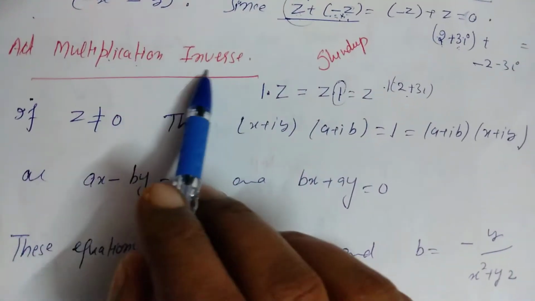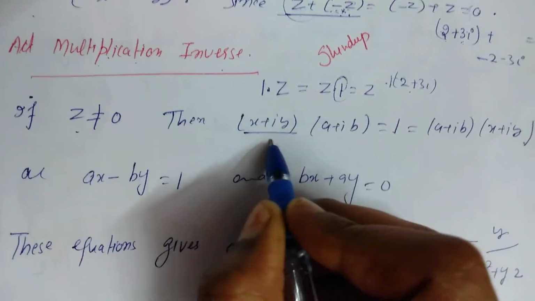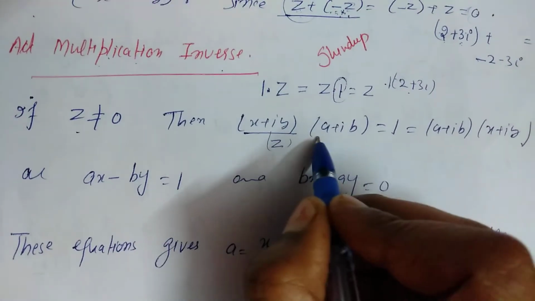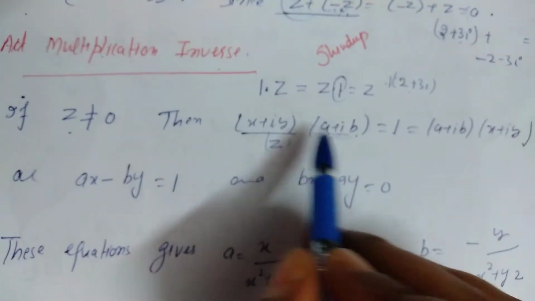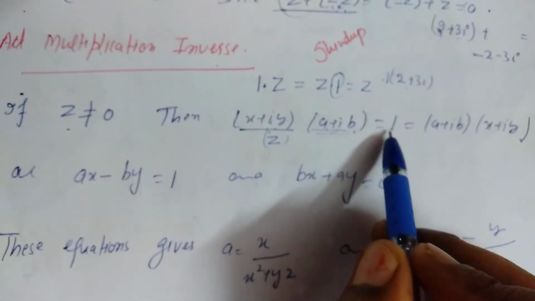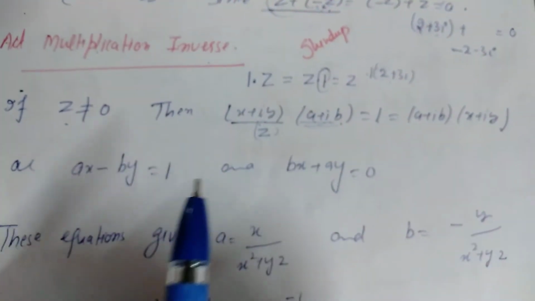And what will be a multiplicative inverse? Suppose that z is some number, and we are multiplying z by some other complex number a plus iota b. If the product of the two numbers comes out to be the multiplicative identity, then the two numbers are known as inverses of each other.